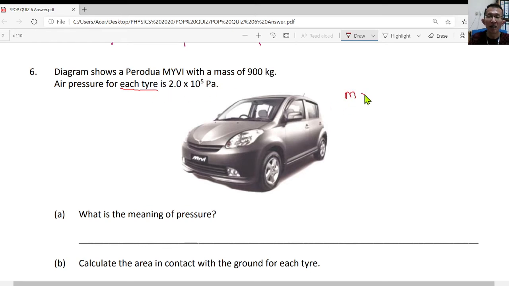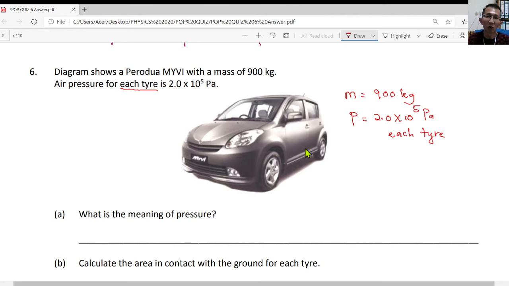So the mass is 900 kilogram, and the pressure is 2.0 times 10 to the power of 5 Pascal for each tire.